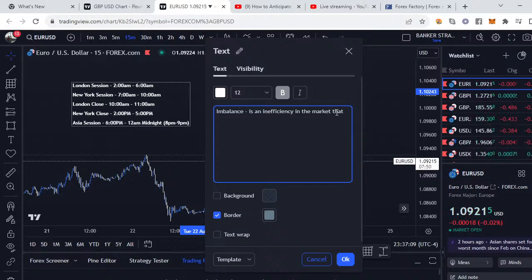That causes a gap in the market between three candles that eventually has to be filled.